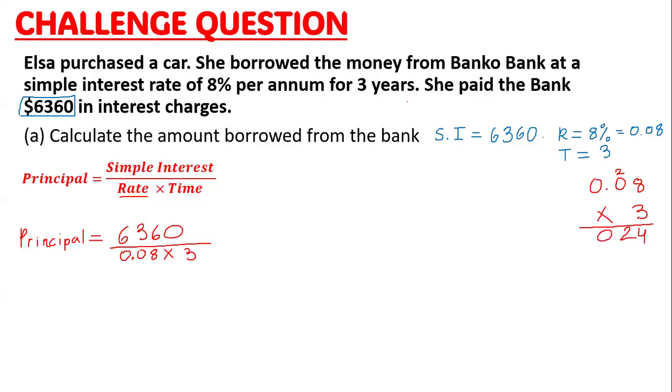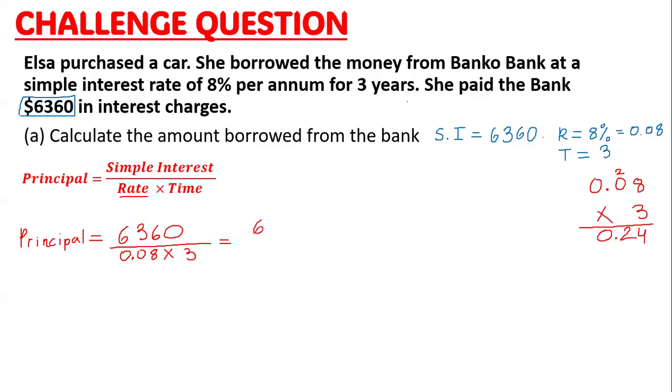How many numbers are behind the decimal point? Two numbers behind the decimal point, so it's going to be 0.24. Exactly.